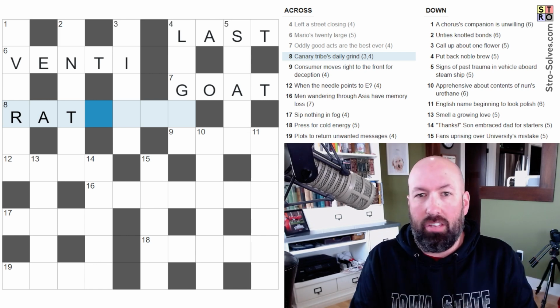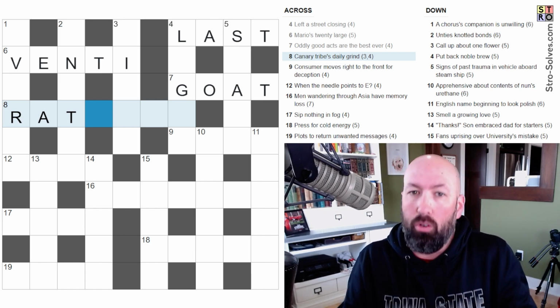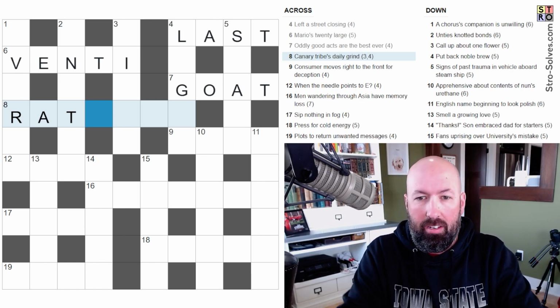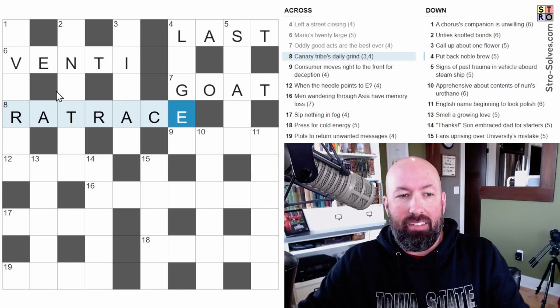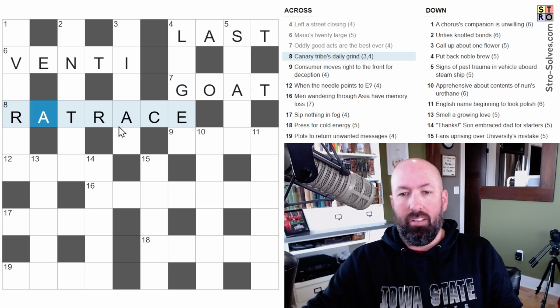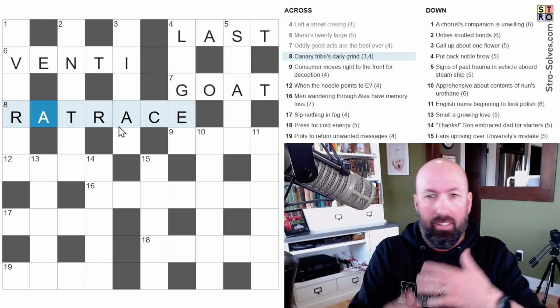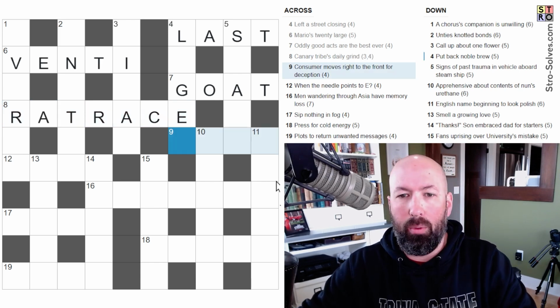He's telling on us, essentially. He's tattling. And a rat is also somebody who goes and talks to the police. So in that sense, a canary and a rat would be synonymous. And then a tribe can also be a race. And the daily grind is the rat race, meaning like you go to work, it never ends, right? The daily grind, a rat race. So that's how we get to that one.